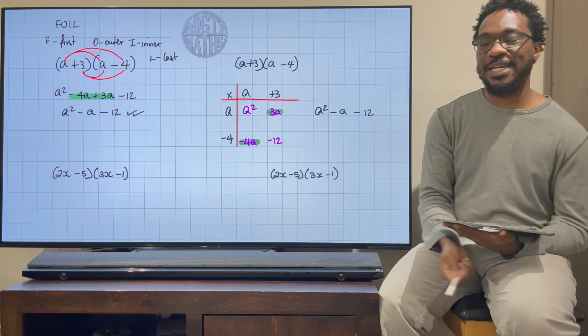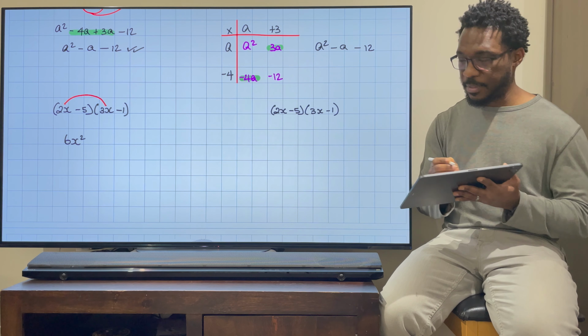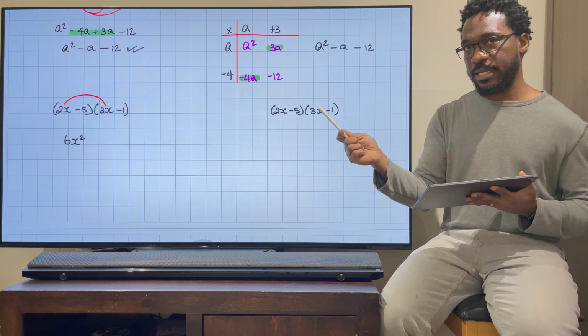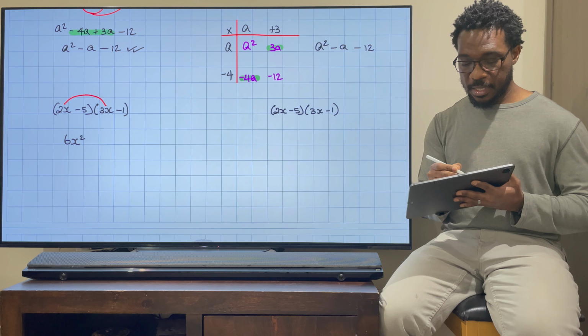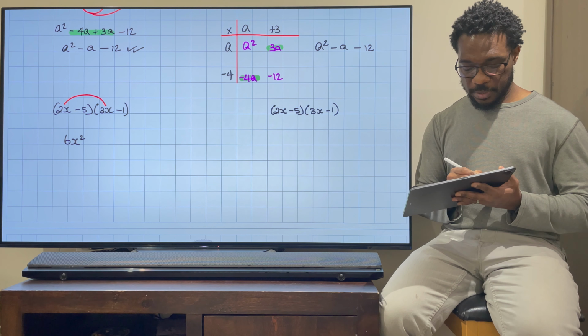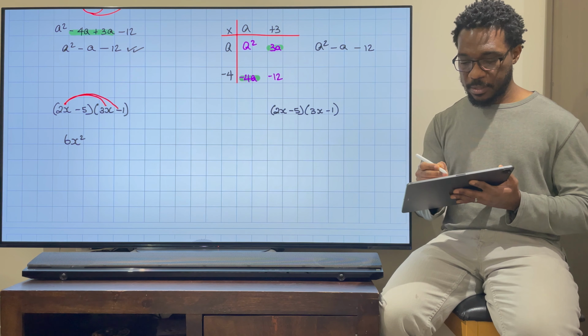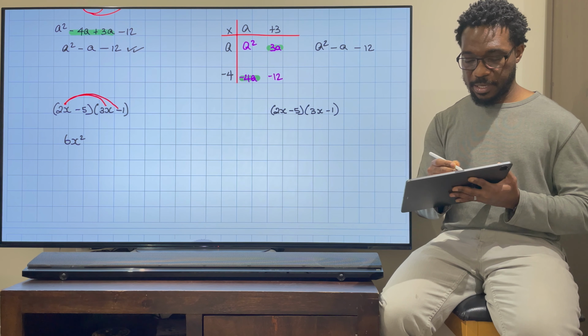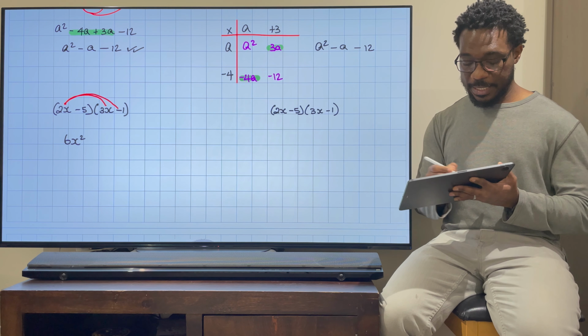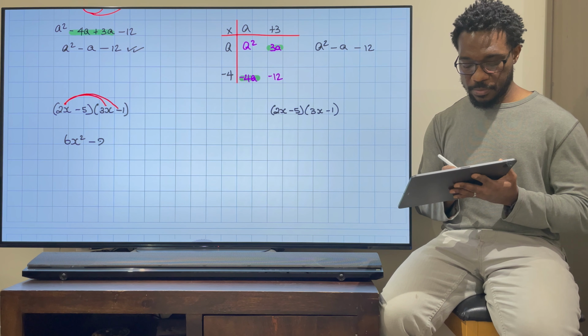So FOIL method, let me change my color. So I'm going to do first: 2x times 3x, that's going to be 6x squared, because you have the x times the x. Then I'm going to go for the outer, so that's going to be 2x times negative 1, and that's going to be minus 2x there.